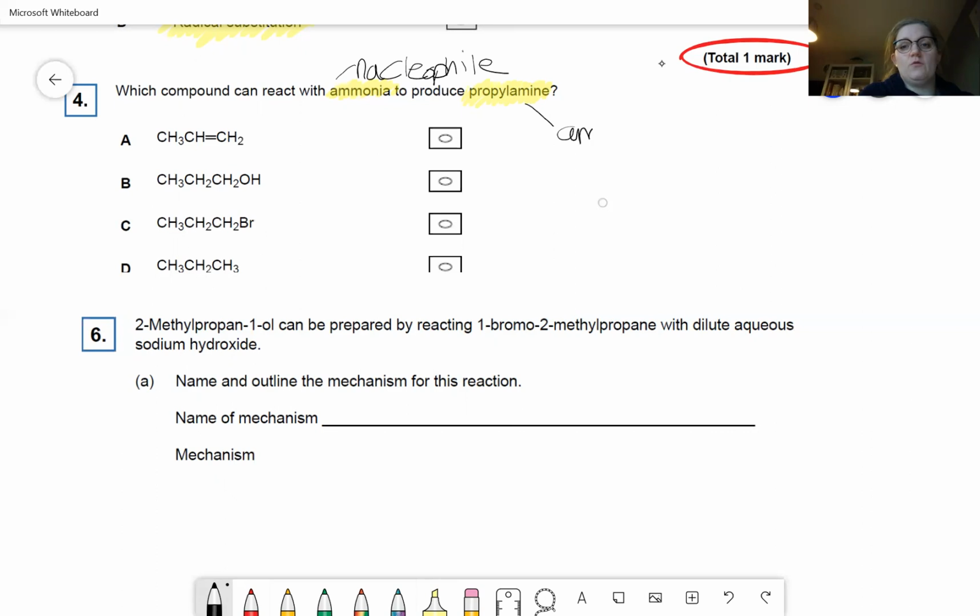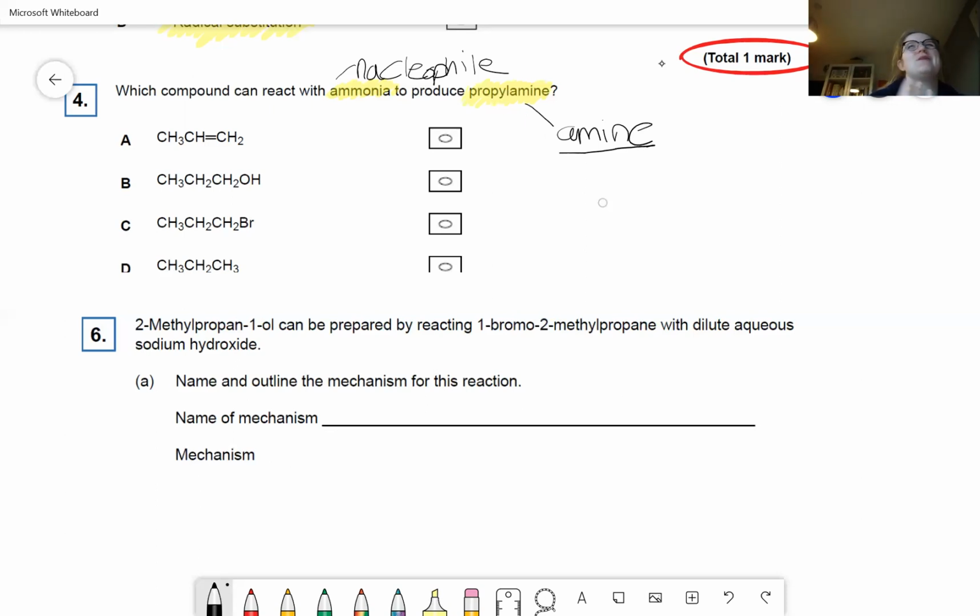Well, we know when halogenoalkanes go through nucleophilic substitution, when it's ammonia as the nucleophile, it makes an amine. So we've got a nucleophile that's going to make an amine. Well, that reaction needs there to be a halogenoalkane. So basically, whichever one of these is a halogenoalkane.